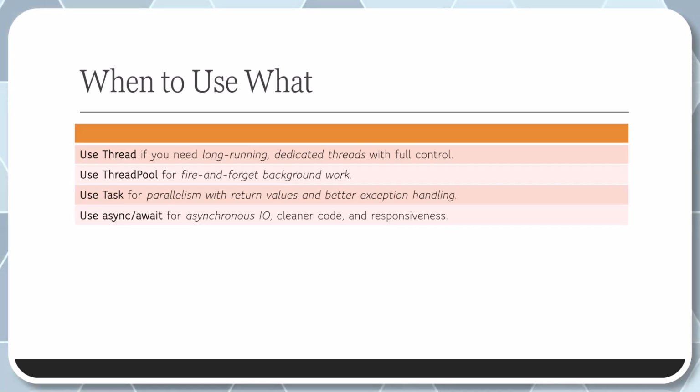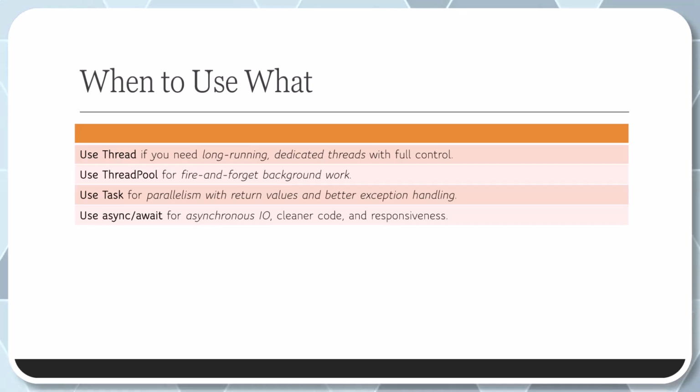Tasks are for parallelism, like if you have heavy compute code, like the example we shared where a Fibonacci number is being computed, and if you want to compute on different cores in parallel, then we use task. It also has better exception handling compared to thread because it supports the async await mechanism.